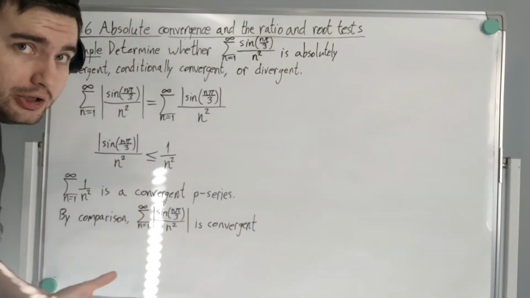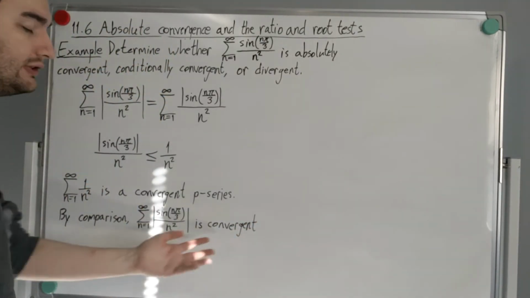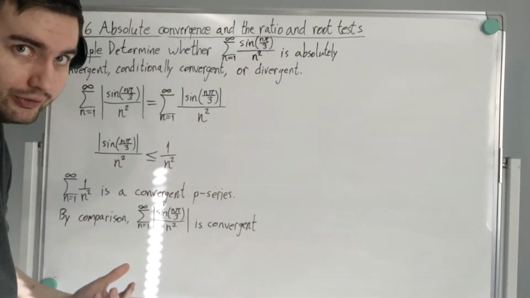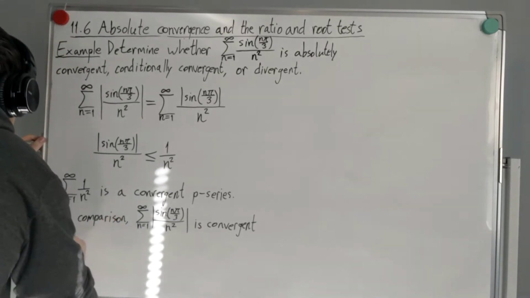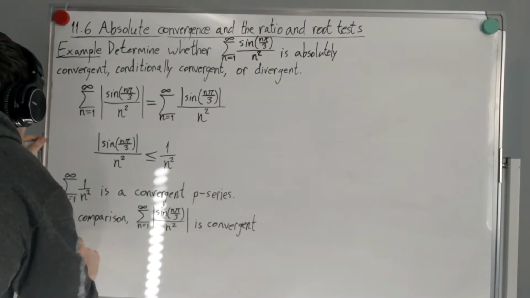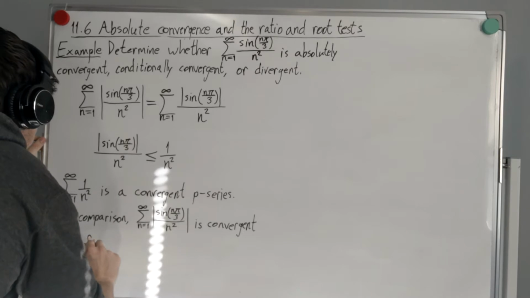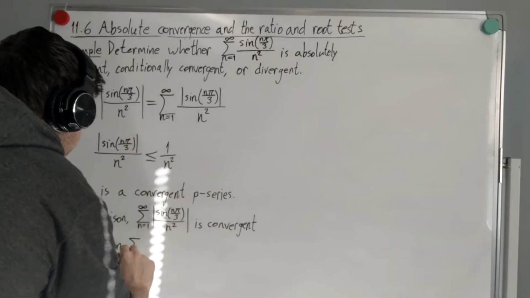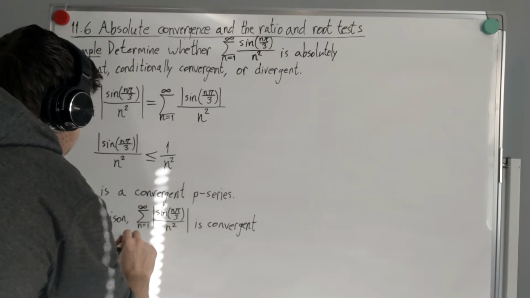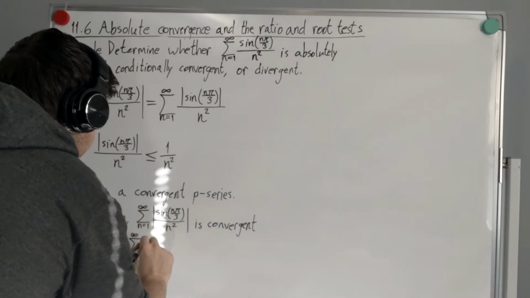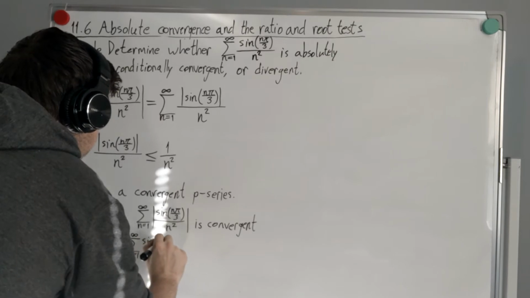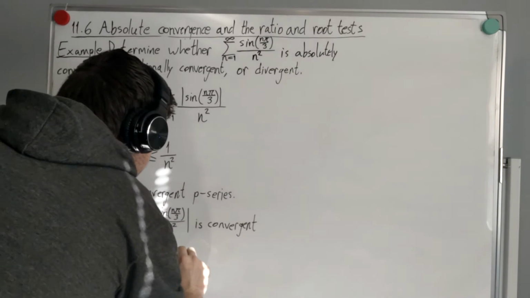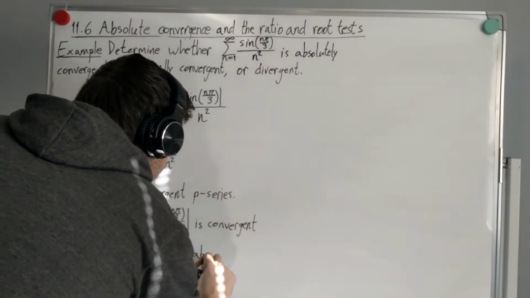And then by definition, since the series of absolute values is convergent, that means that the original series is absolutely convergent. Okay? So, by definition, the sum from n equals 1 to infinity of the sine of n pi over 3 divided by n squared is absolutely convergent.